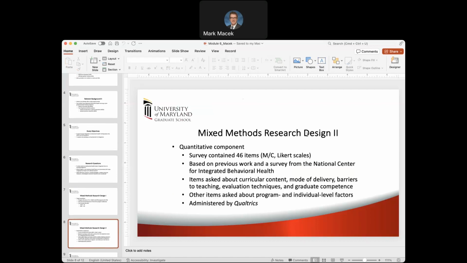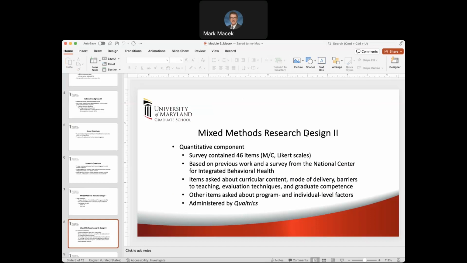The quantitative component of the project involved a 46-item survey containing a mix of multiple choice and Likert scale items. The authors developed their questionnaire by referring to an existing survey from the National Center for Integrated Behavioral Health and modifying it based on previous research and experiences in the field.